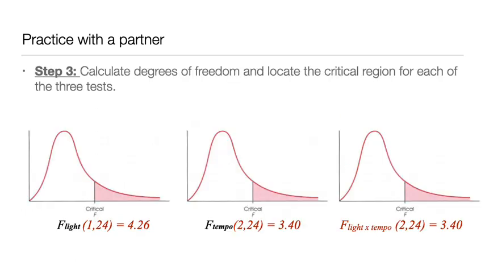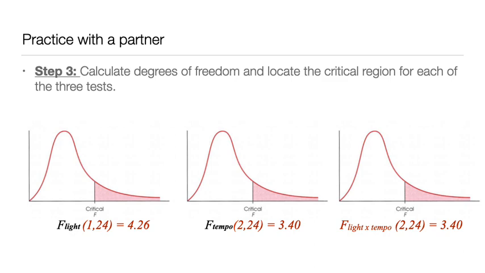So for step 3, we're going to look up the cutoff values, those critical regions, for each of those 3 distributions. We have for light, that will be 1, 24. For tempo, that will be 2, 24. And for the interaction, will also be 2, 24.